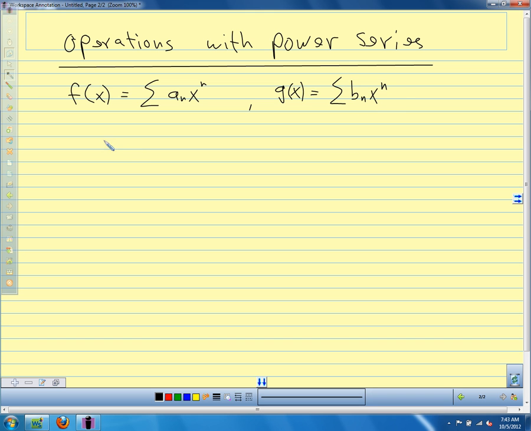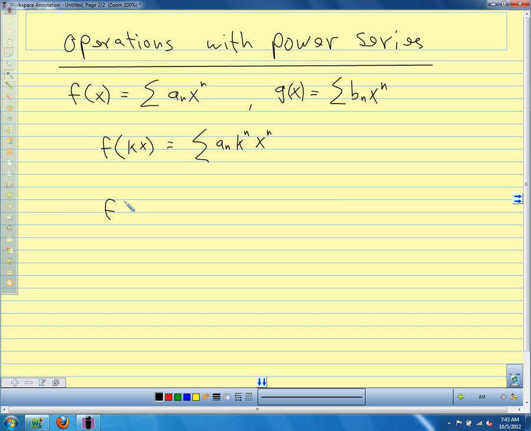If we want to find the function of some constant times x, this is just going to be the sum of a sub n, k to the n, x to the n. So basically we're substituting kx in for x into our power series.